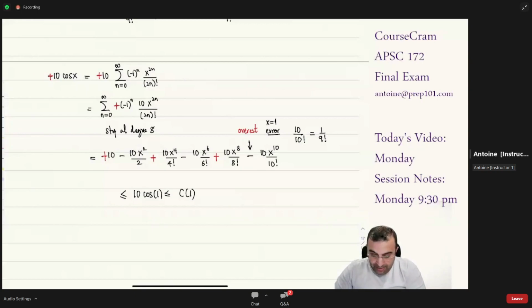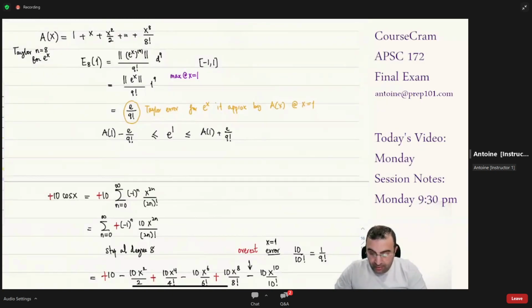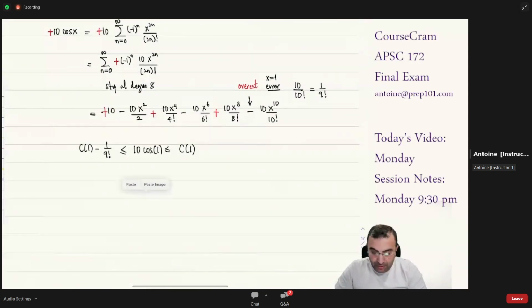So that means 10 cosine of 1 is between C1 and C1 minus 1 over 9 factorial. Right? Because C1 is an overestimate, it's bigger than. So if you add both, you take this and you combine it with this.